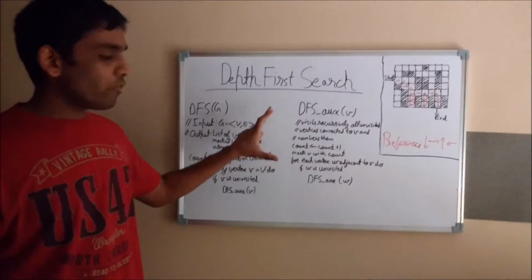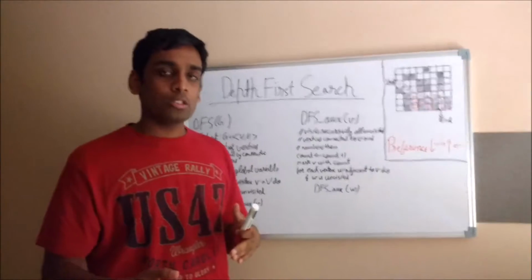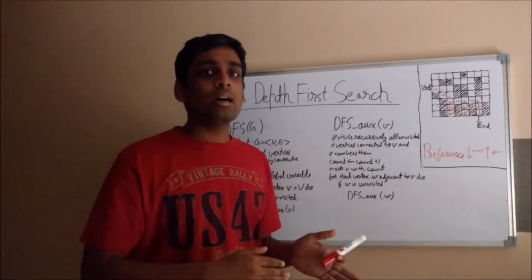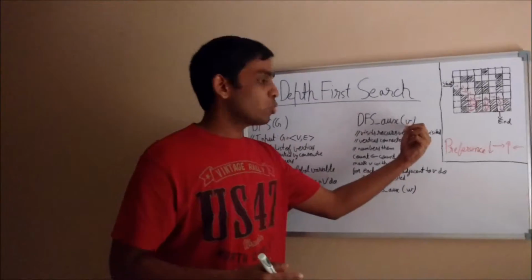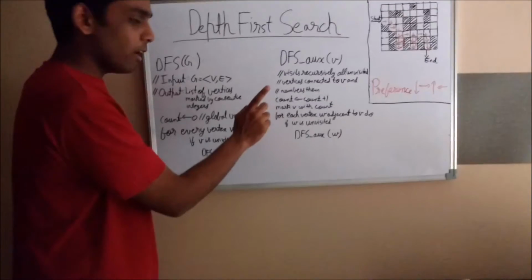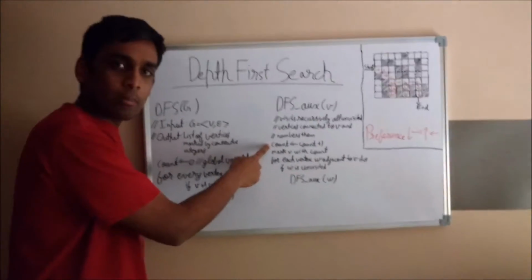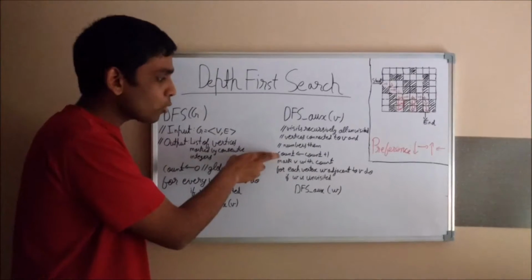What the auxiliary function does is that it recursively calls itself with the parameter changing each time. The new parameter will be an adjacent vertex to the particular vertex V here. I'll show you here again. In this auxiliary function, initially we increment the value of count, and then the vertex V is marked with that value.